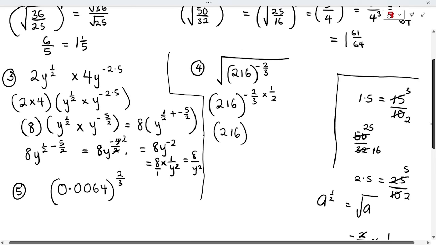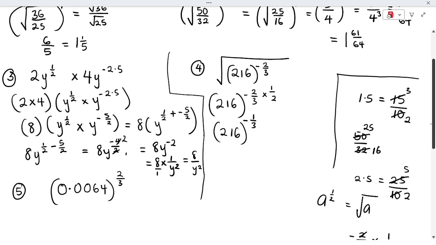So here I'm going to have minus 1 over 3. Now you can follow your negative index. Because it's negative, make it become 1 over 216. Well, 216 is the only number inside, so you can simply take away the brackets, and it becomes 1 over 3.